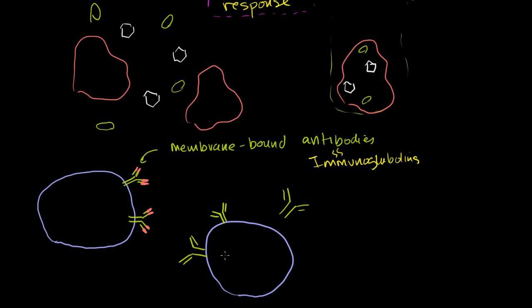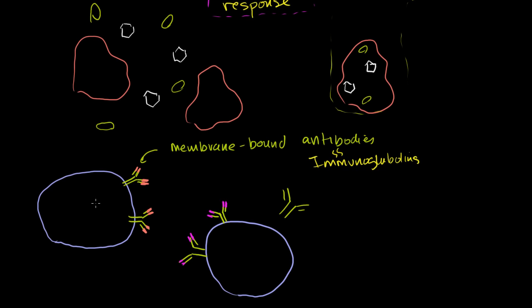Now, but this different B cell is going to have different variable portions. So let me do it in a different color. Maybe I'll do it in magenta. So his variable portions are going to be different, just like that. Now, he has 10,000 of these on his surface, and every one of these have the same variable portions, but they're all different from the variable portions on this B cell.